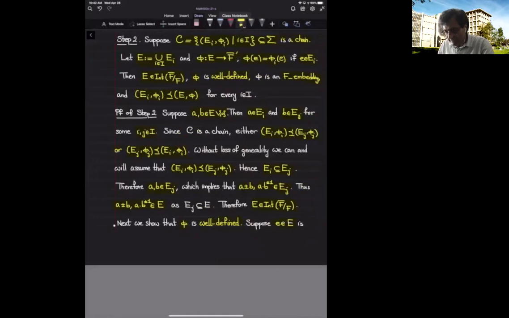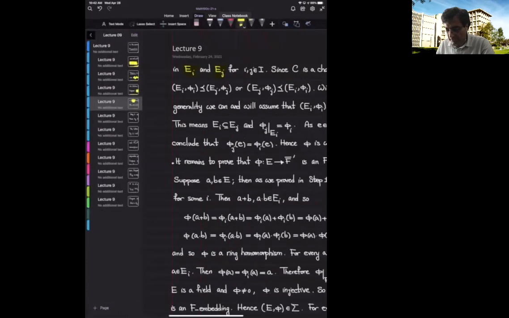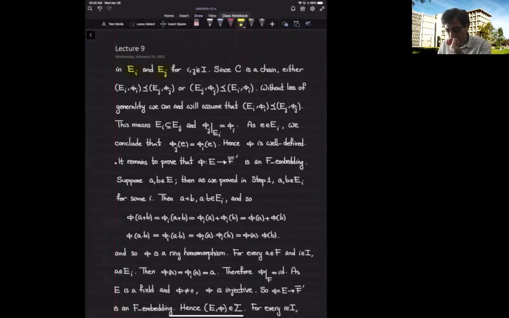Since C is a chain, either (E_i, φ_i) is at most (E_j, φ_j), or the other way around. Without loss of generality, assume (E_i, φ_i) is at most (E_j, φ_j).